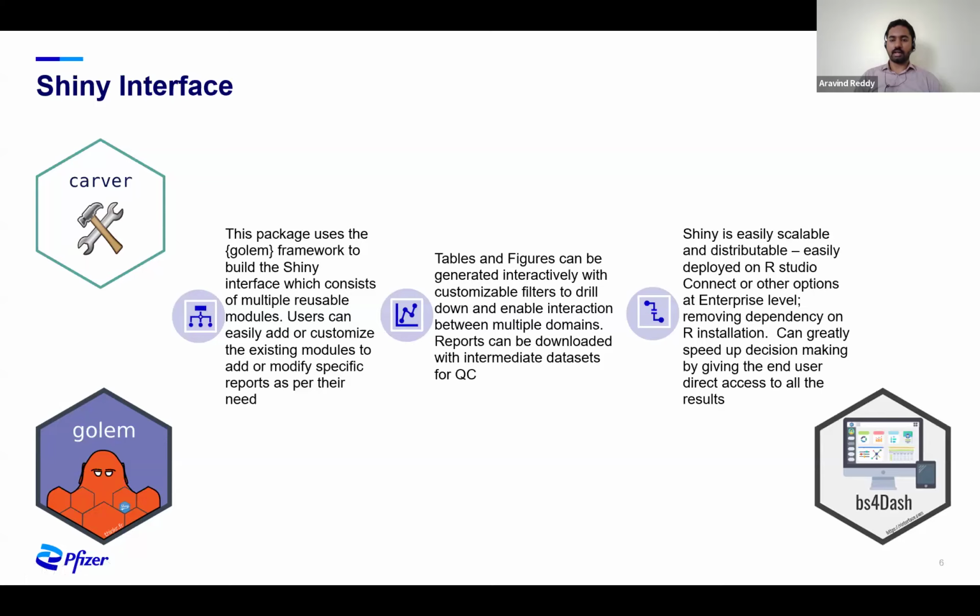The advantage of having it deployed in RStudio Connect, or RSC, is to have a reproducibility environment. So there is no need for installation of the R environment again and again in every system, which makes it easy for the users or the regulatory bodies to make decisions.